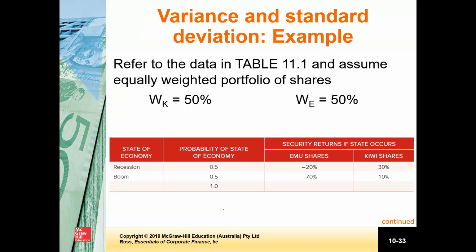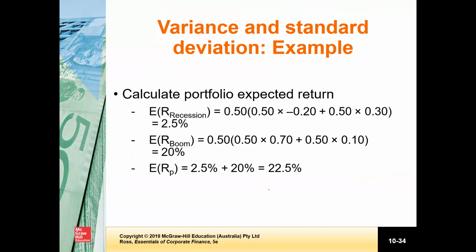Now let's go back to our previous example of QE and EMO shares. Each has a 50% weight in the portfolio. You remember this is what we had in the last video. So we calculate the portfolio expected return in this way. First of all, there is a 50% chance that the return will be negative 20% and a 50% chance that the return will be 30%. We multiply by 50% because that's the weight of EMO.